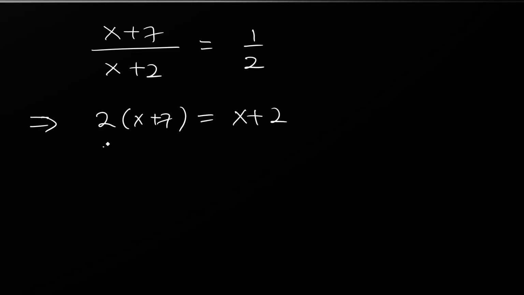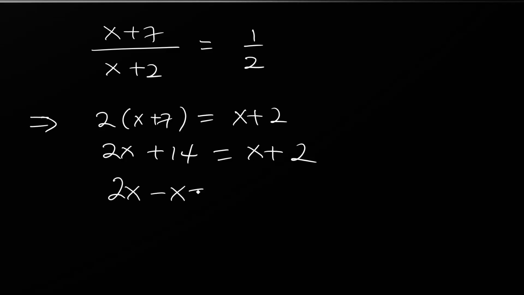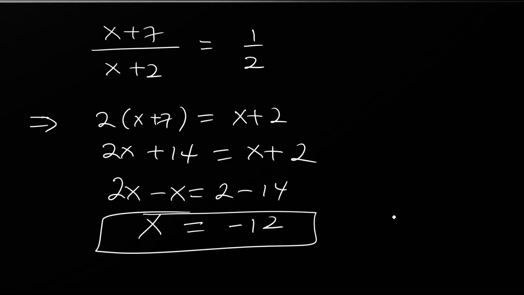So we have 2x + 14 equals x + 2. So we have 2x − x equals 2 − 14. So we have x equals −12. That's the answer. All right, so that's that.